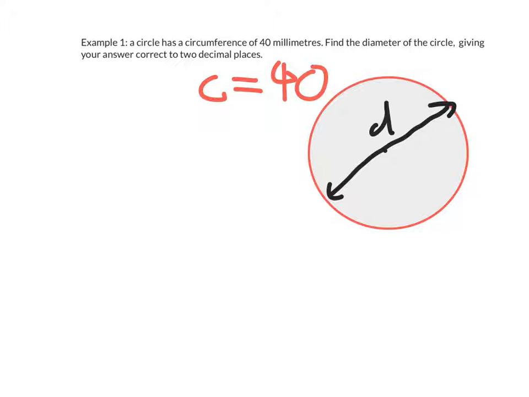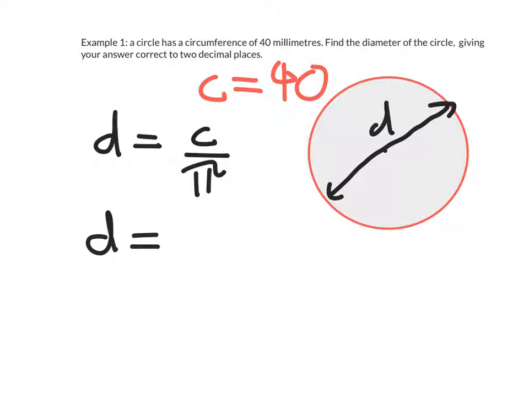And so to do that, we're going to use the relationship that d is equal to c over pi. And all we have to do to get that is we're just going to substitute in our value for c. And so we know c is 40, so we're going to replace that c in the equation with a 40.